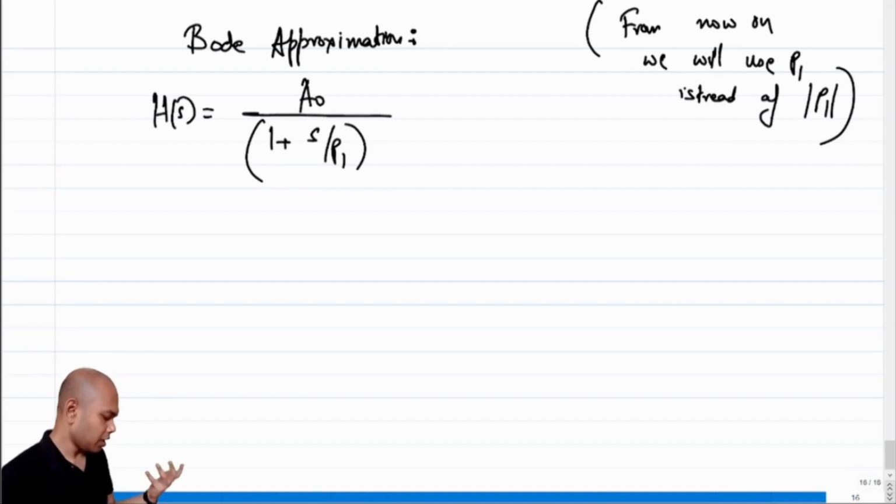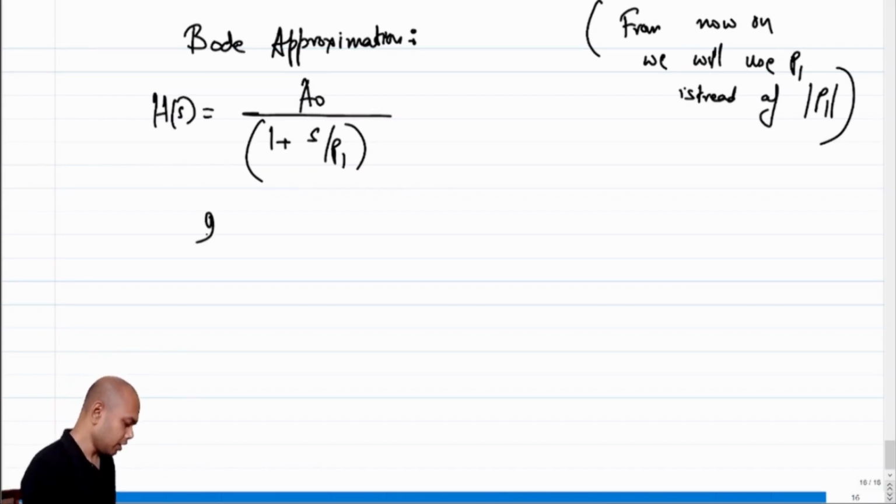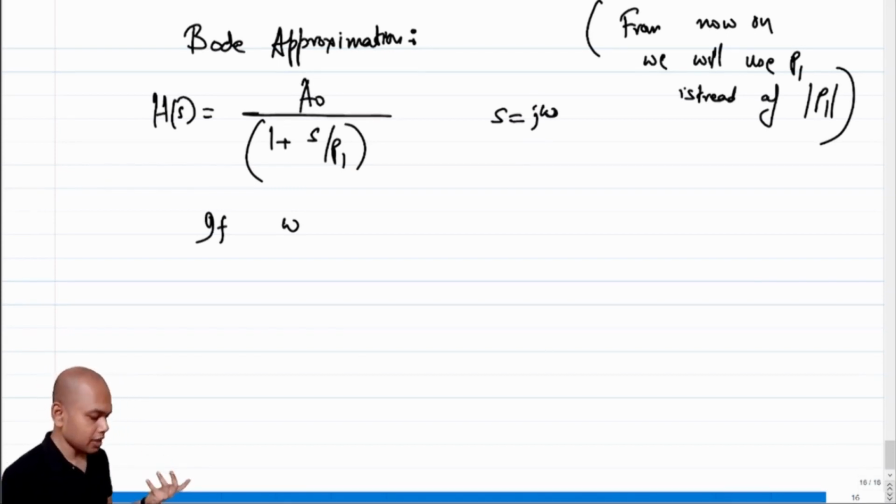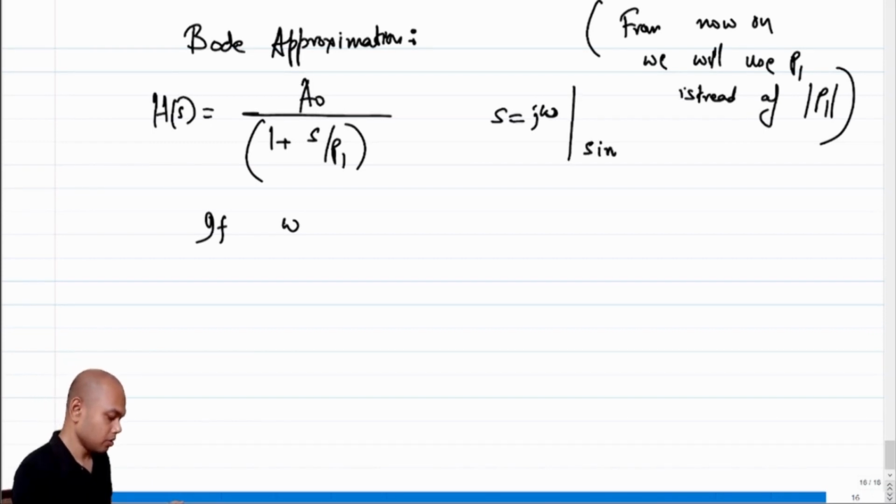Okay, so what is the Bode approximation for a first order system? All this is saying is that if omega, with s equal to j omega, as we know, for sinusoidal steady state.